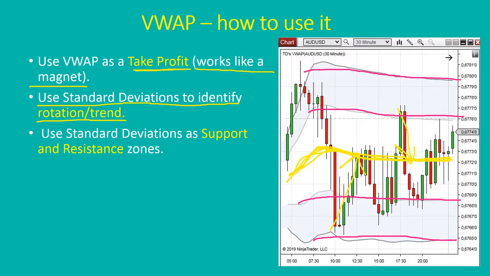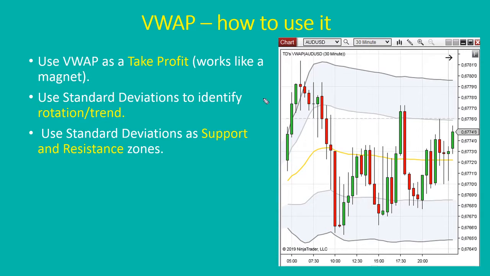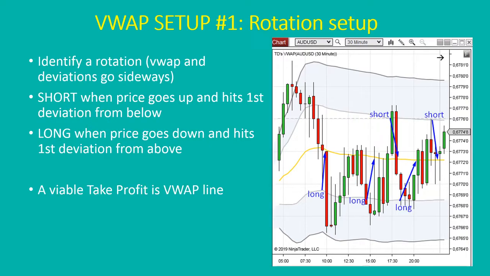And also, my favorite use of the vwap is you use standard deviations, mostly the first deviation, as support and resistance zones. And as I already said, you can use it as support and resistance zones in rotation and also when there's a trend development. So this brings me to the setup number 1.